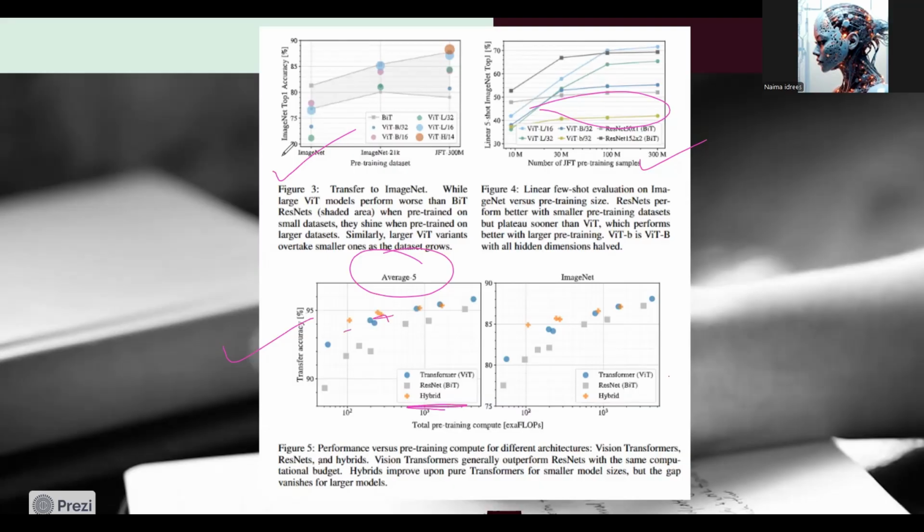On the right side of the figure, on ImageNet, vision transformers achieve higher accuracy again compared with ResNet at the same computation. Hybrid only helps for the smaller models. That's all about the Vision Transformer, and it is a very strong mechanism if you train on a large dataset.